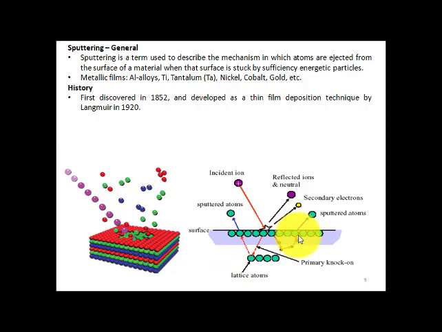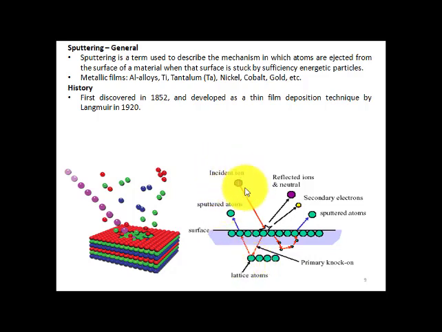Behind the first layer of atoms, there is another layer. These atoms are called lattice atoms. The first layer atoms are called surface atoms, and the atoms behind the surface atoms are called lattice atoms.